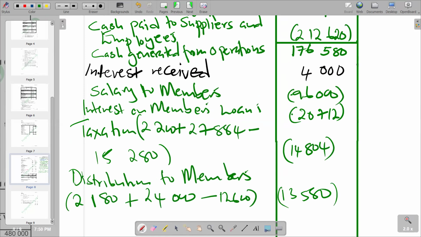And then the final figure that you are supposed to get to come here is net cash flow from operating activities.